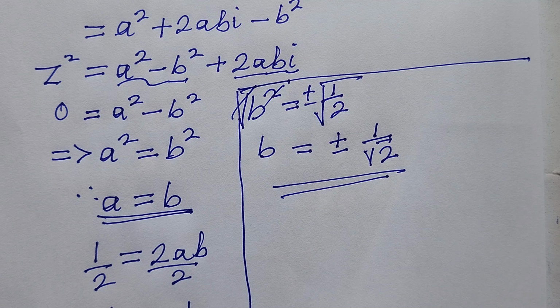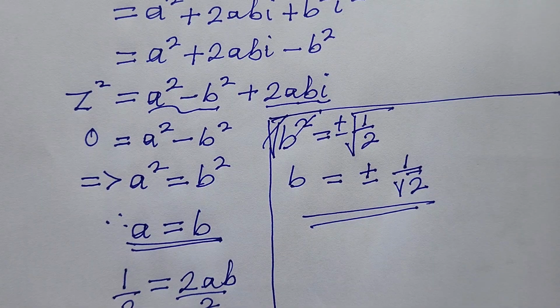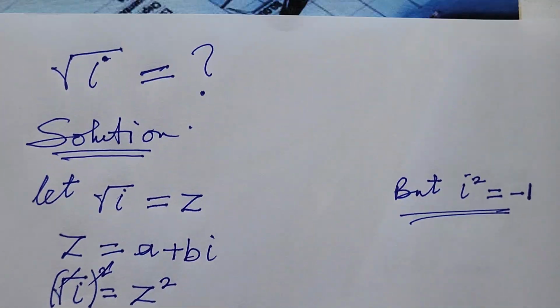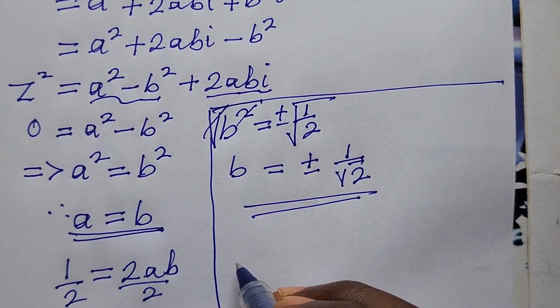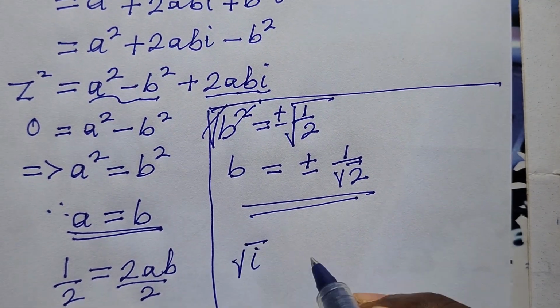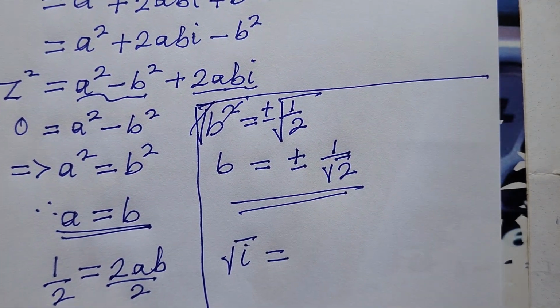We go back to where we have our first expression. Look at what we have as our first expression here. So from our first expression here, what does that mean? It means that the square root of i will now be equal to what?